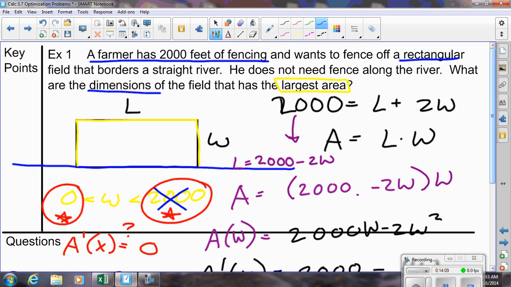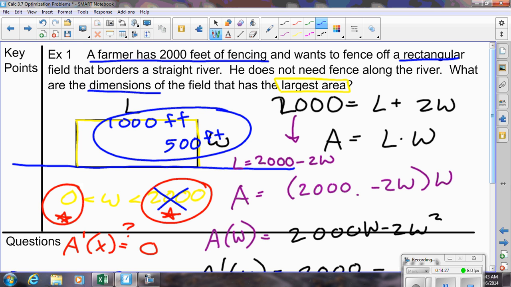We don't need to know the square footage of the actual field, we just need to know how big it is. So with this piece being 500, how big is the length? 1,000. And so here we have our dimensions. 1,000 feet by 500 feet.